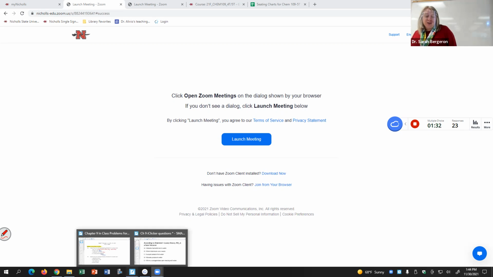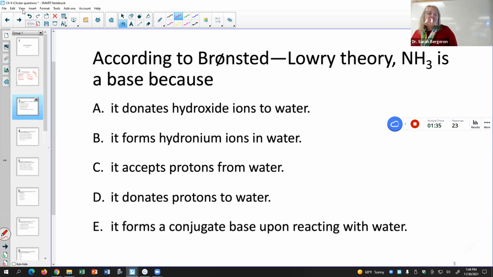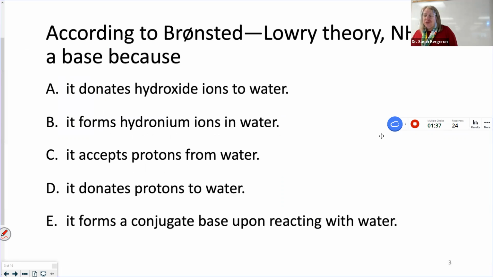But we're doing iClicker right now, so just jump in on that. I'll give y'all another 20 seconds. Okay, so everybody clicked in. Turn and talk to the people around you and click in again.